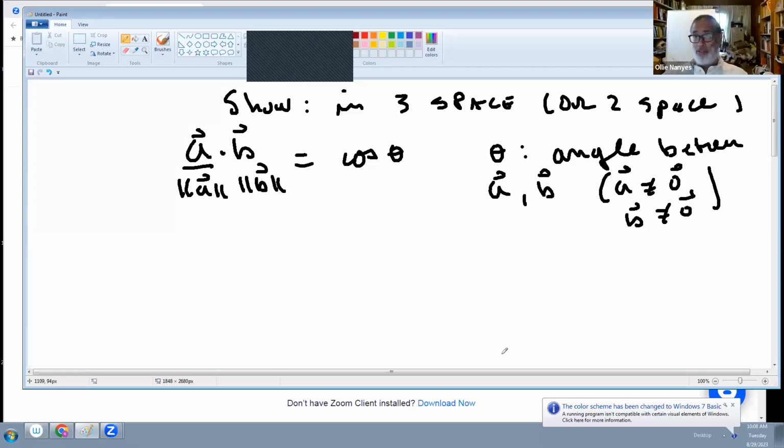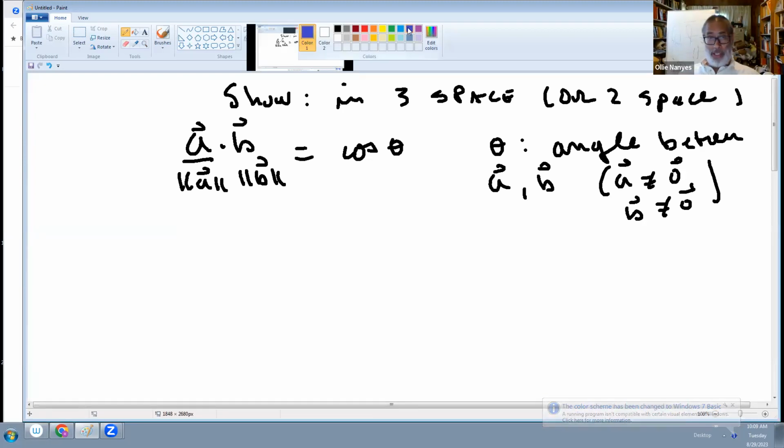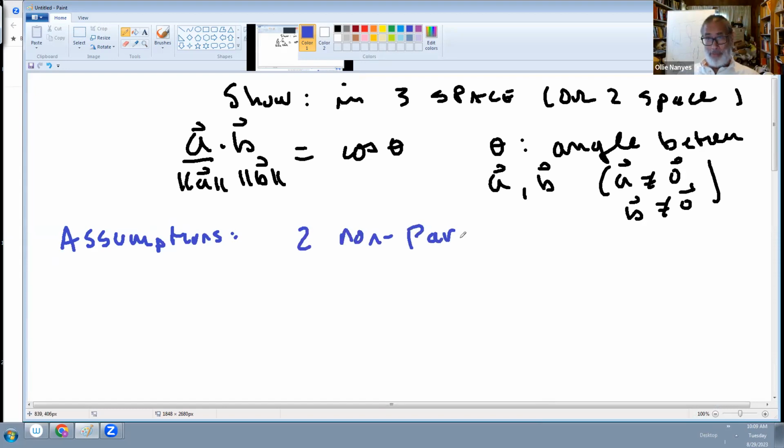All right, so this is what I'd like to do. Now the assumptions I will make is that two non-parallel, non-zero vectors determine a line.